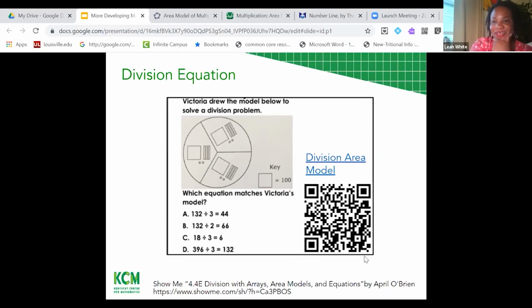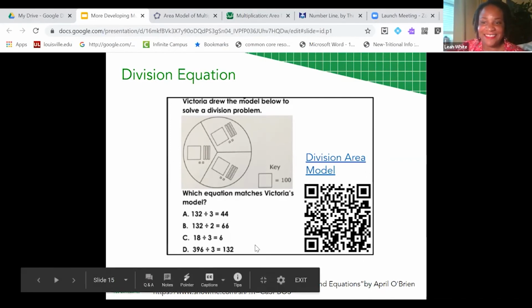Most people agreed that the answer is D. Does someone want to unmute and talk about the reasoning you used to come up with D? Or was it pretty simple from the picture?